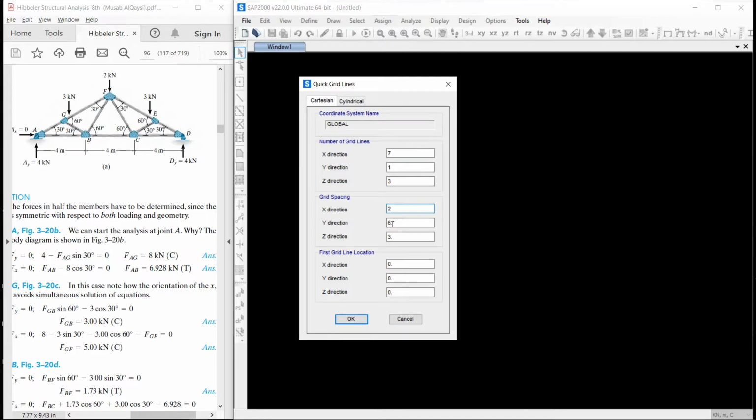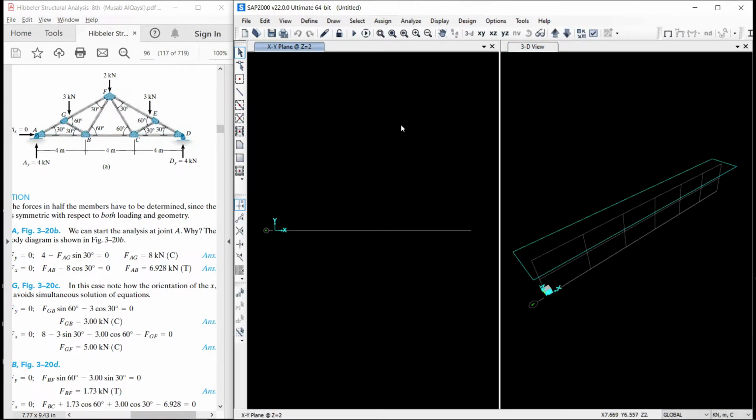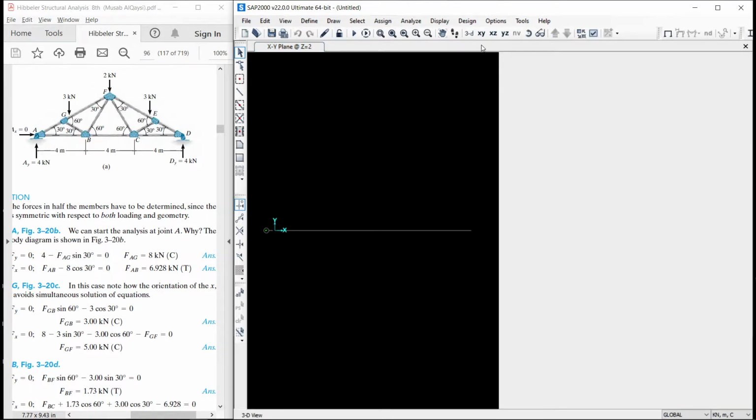Grid spacing in Y, nothing, let it be 0. There is only 1, and here in the Z direction they are different. So for the time being, let's put 1. Okay. Now we don't want this 3D view.